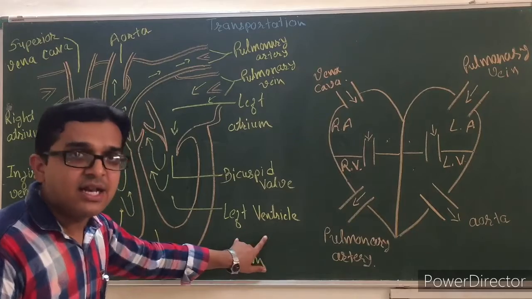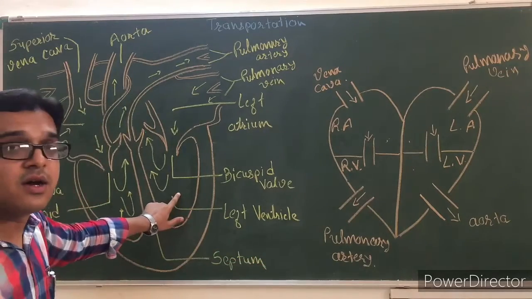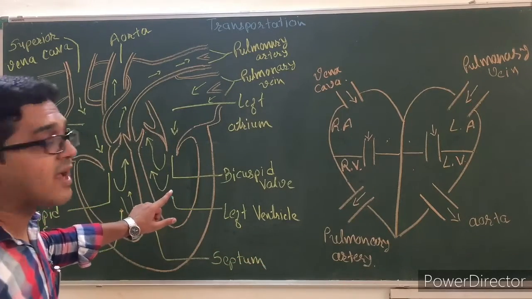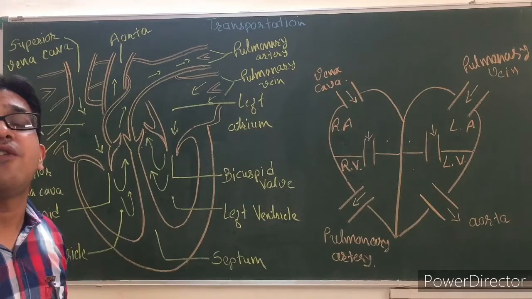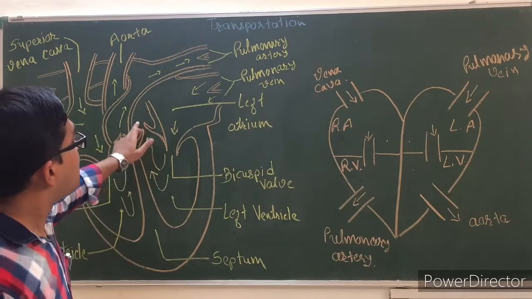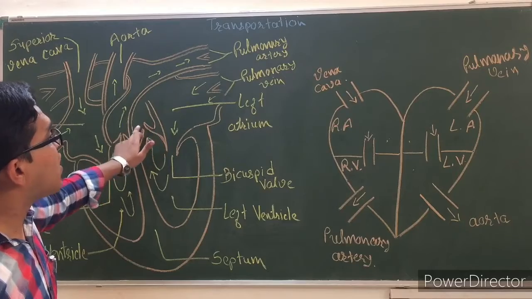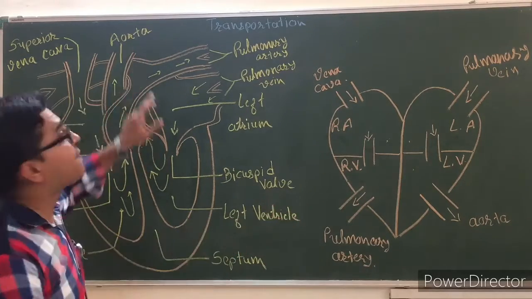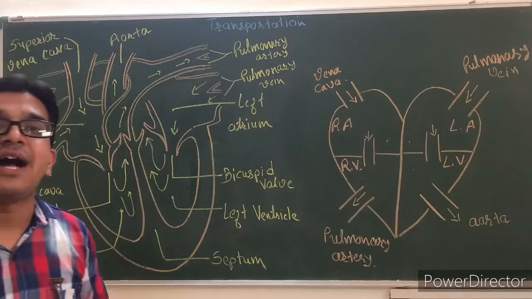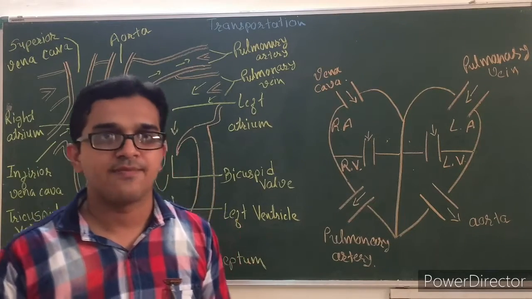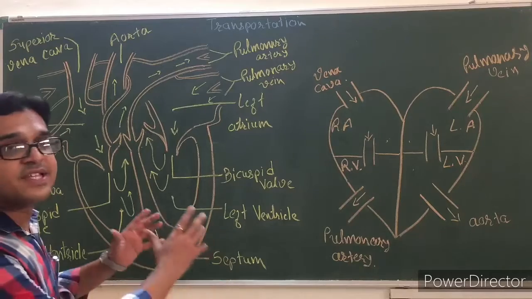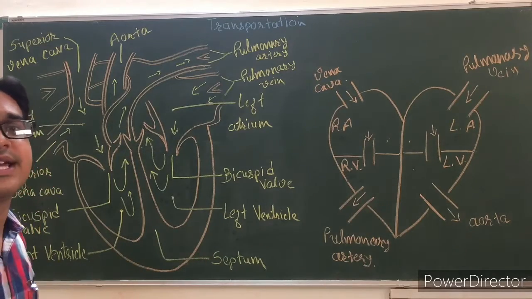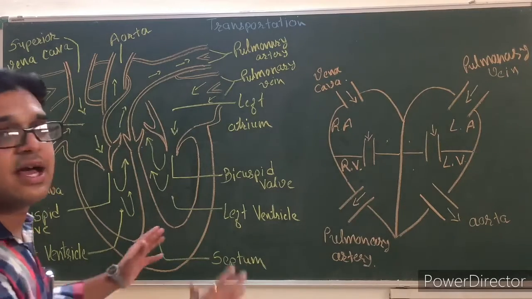You can see here the aortic valve, from the aortic valve to the aorta, and from the aorta to various parts of our body. In this fashion, the blood flows in a human heart.